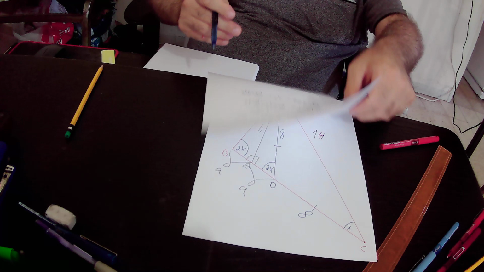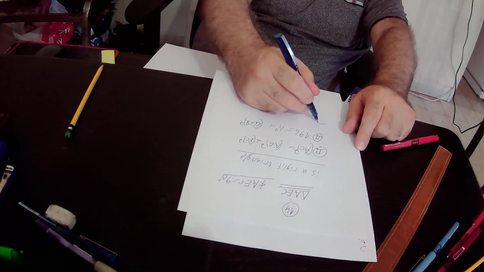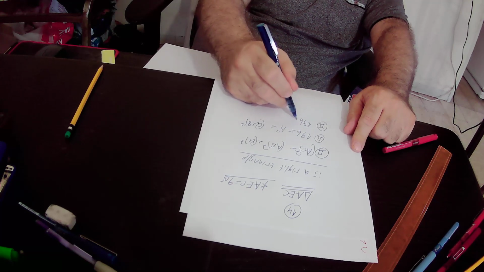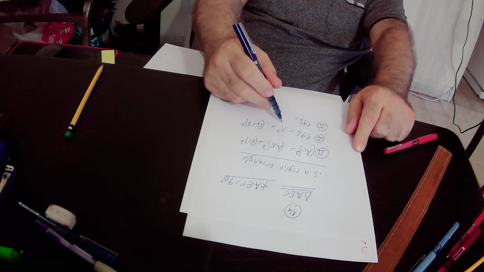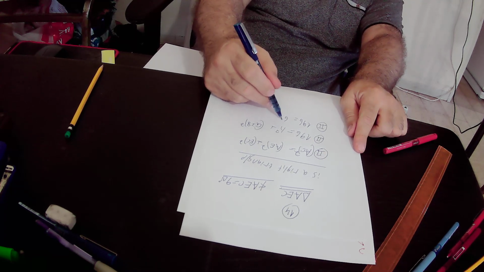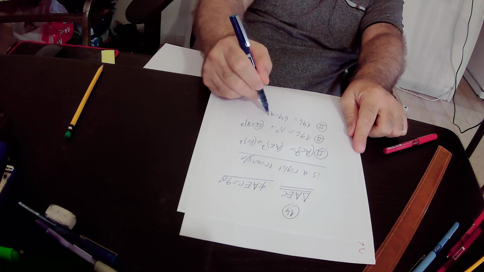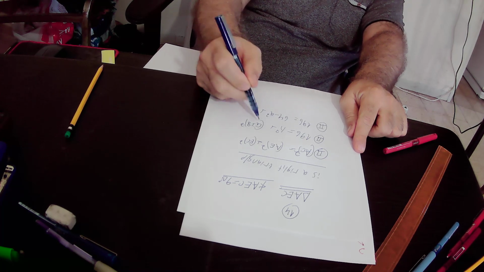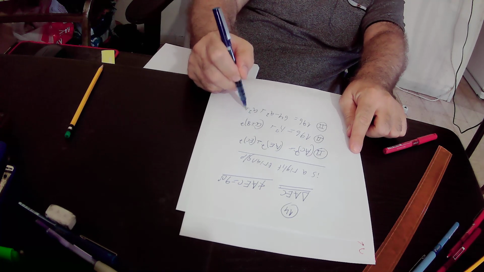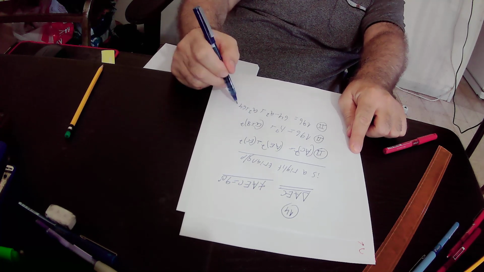Okay, so in equation number 2 we will get 196 equals A square, and we will substitute A square by 64 minus A square, plus (A plus 8) square, which is A square plus 64 minus 16A.